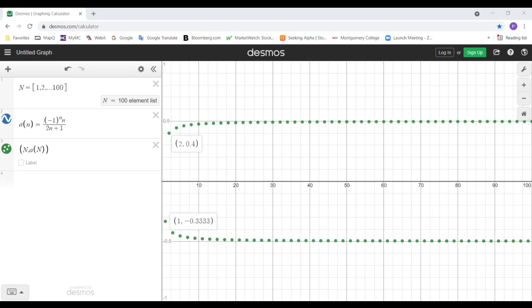Now let me go out to like the 100th term here. Maybe I'll go like this term here. Okay, that's the 94th term. That's 0.9474. Here's the 99th term, -0.4975. So do you see how Desmos is helpful? It looks like these sequences are oscillating back and forth between -0.5 and 0.5.